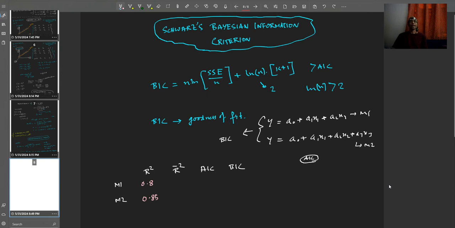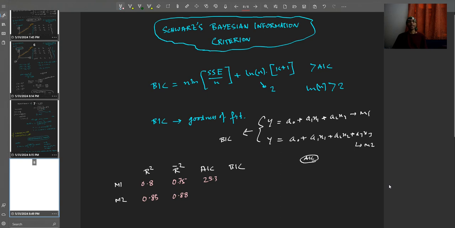M1 has an adjusted R squared of 0.75. M2 has an adjusted R squared of 0.88. Now, M1 has an AIC value of 25.3.